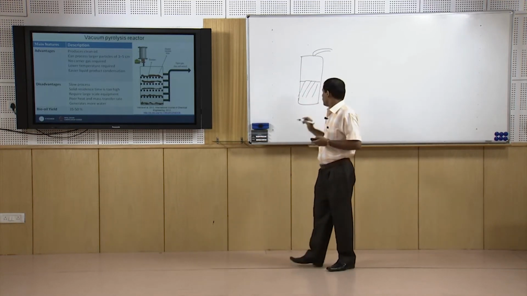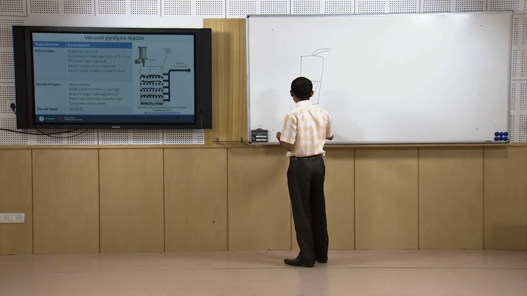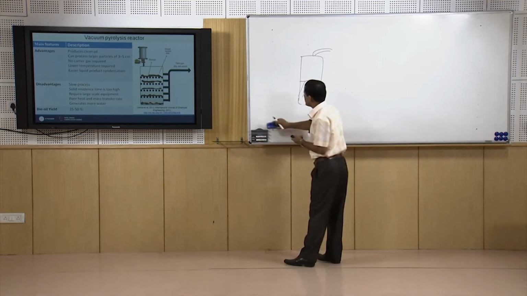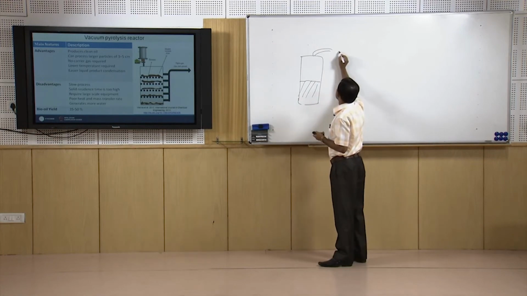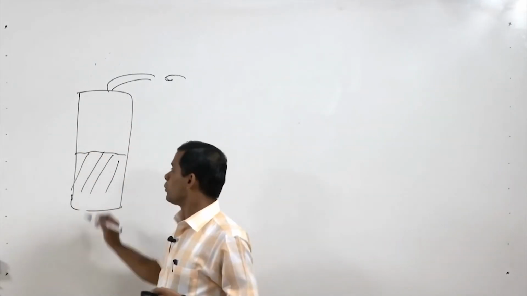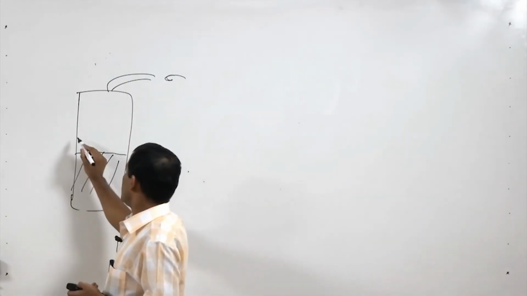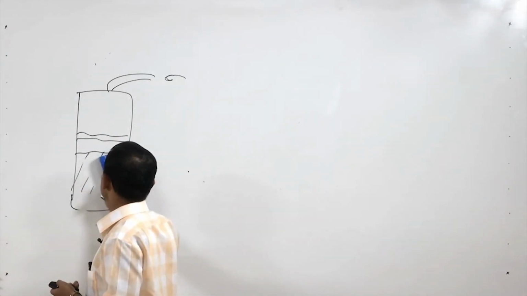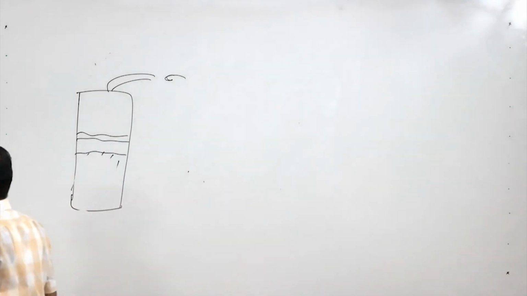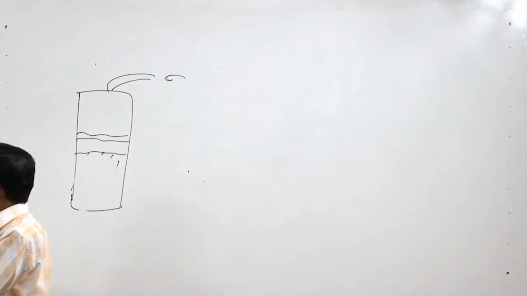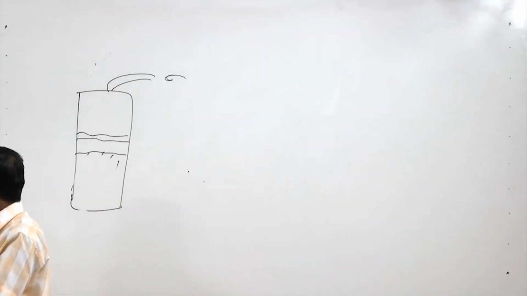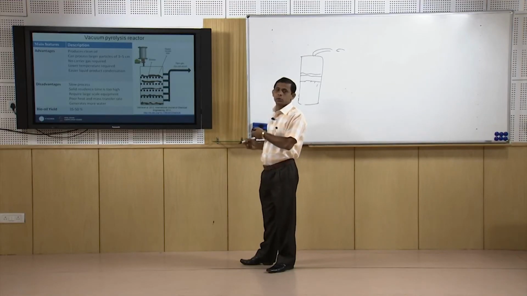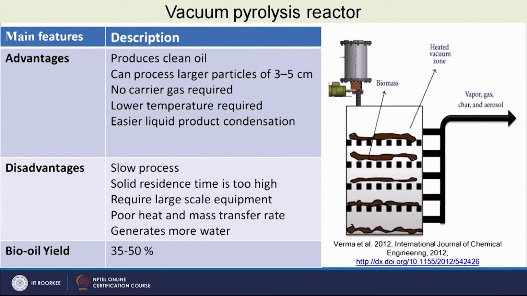Now, if we do not flow the sweeping gas, and instead put some vacuum here, the material can be put into different trays as shown here. Some vacuum is created here, so that we do not need to provide any inert gas to carry the vapor produced inside the pyrolyzer.